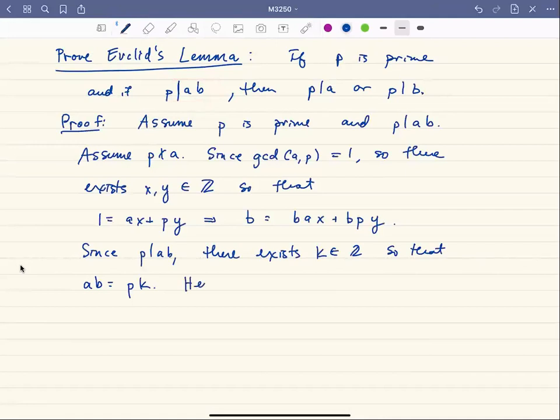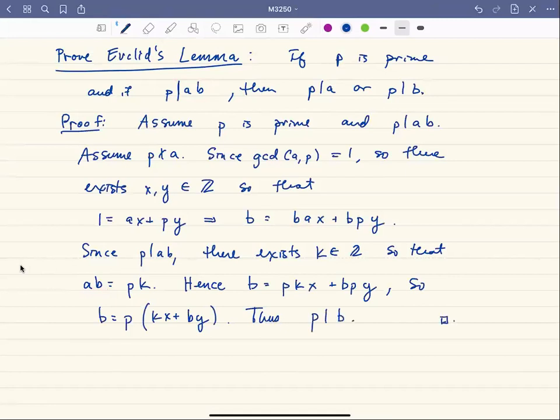If we replace the ab there, we get that b is equal to pkx plus bpy. So that tells you that b is p times (kx plus by). In other words, p divides b.